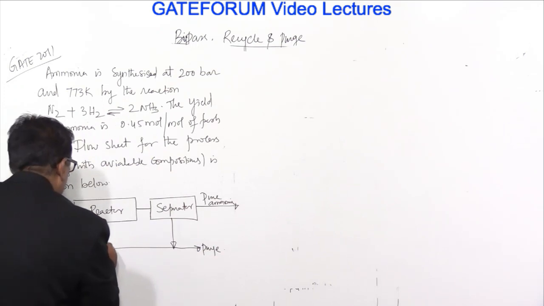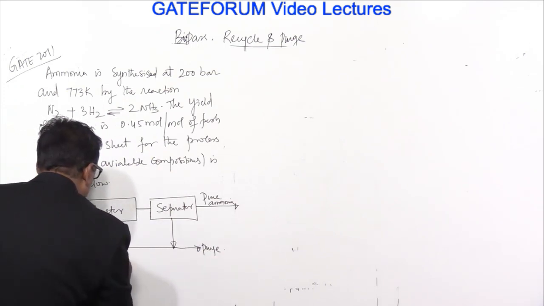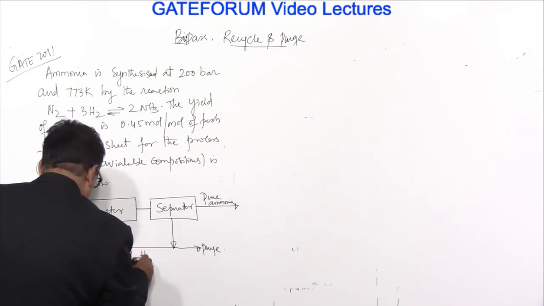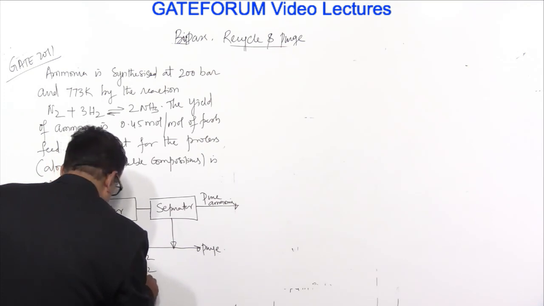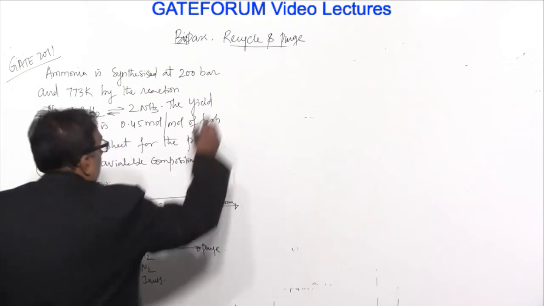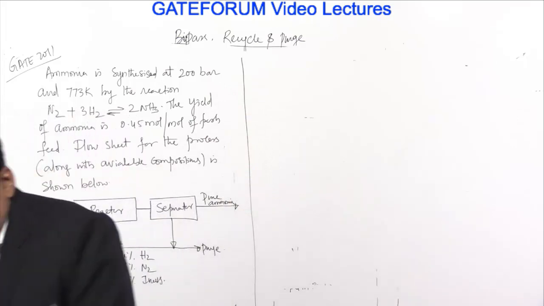This is the recycle: 75 mole percent H2, 15 mole percent N2, 10 mole percent inerts.